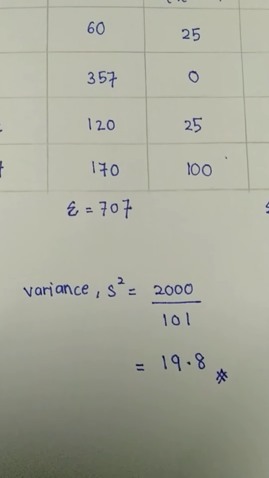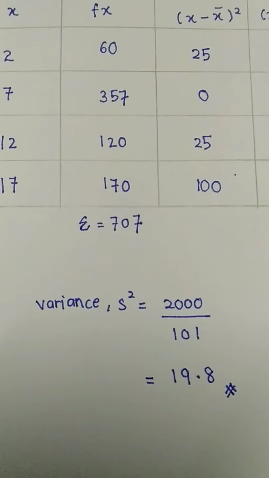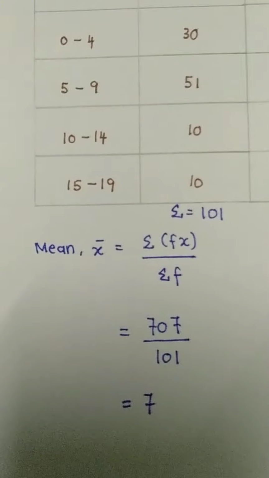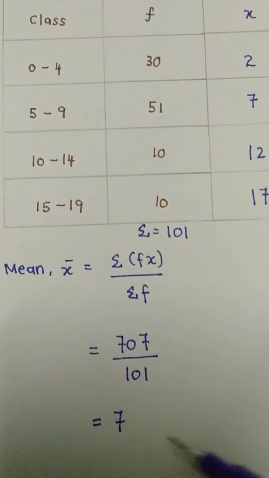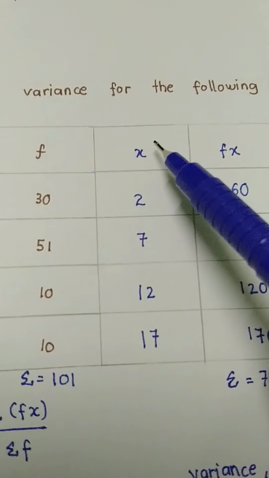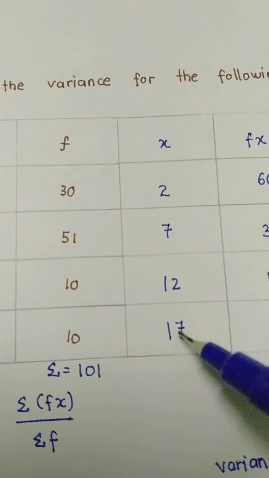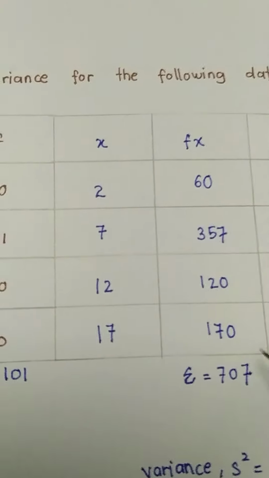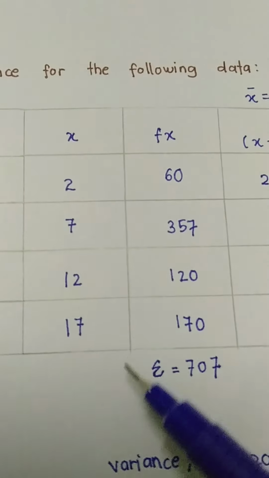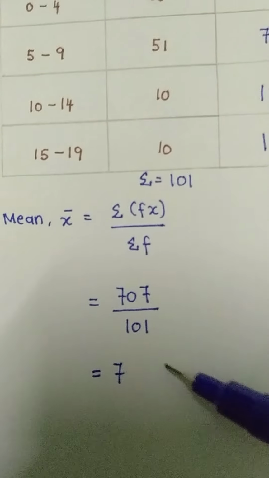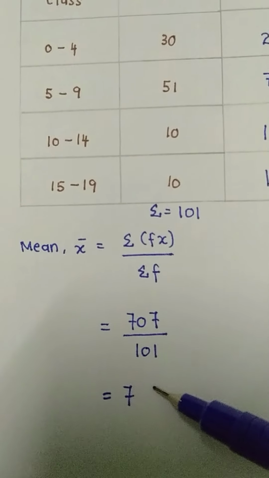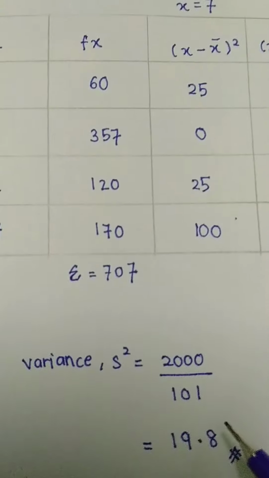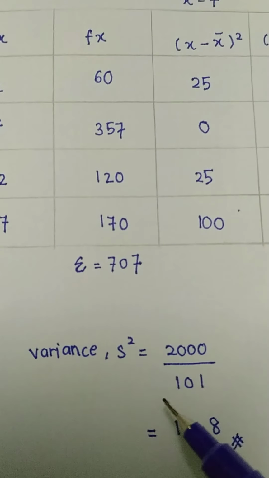So this is our variance. The steps to find the variance: first, we must find the mean. To find the value of the mean, we must know the midpoint for each class, and then we find fx. After that, we find the total of fx, and we get the mean for this data. And then we can get the variance from the formula.